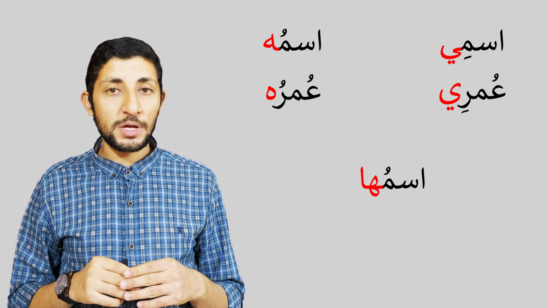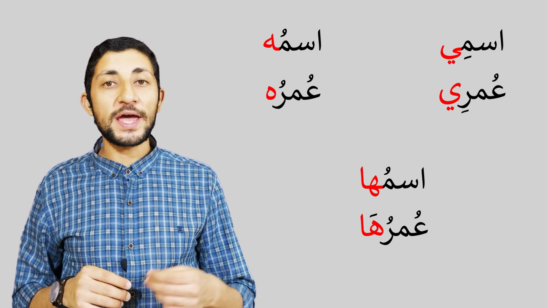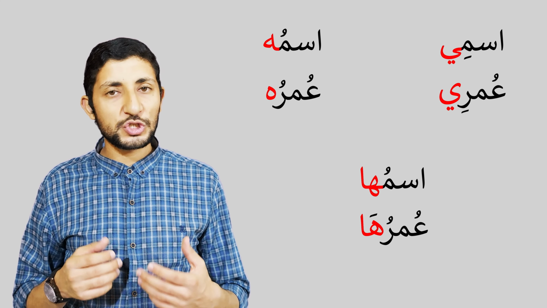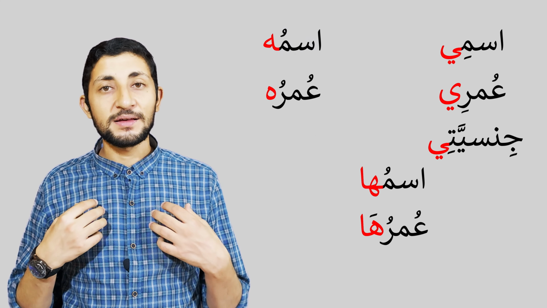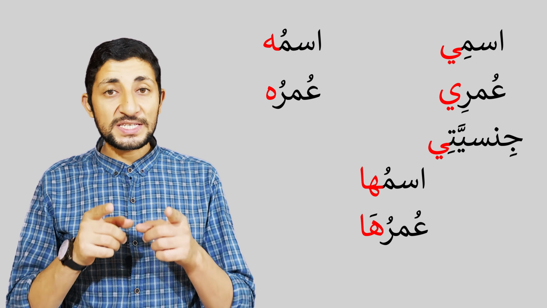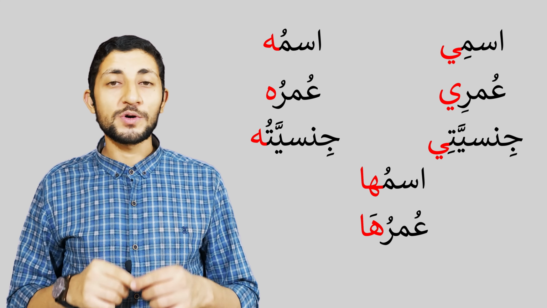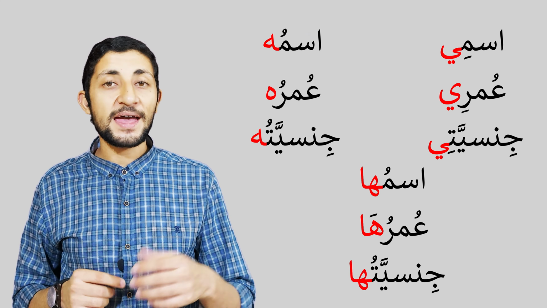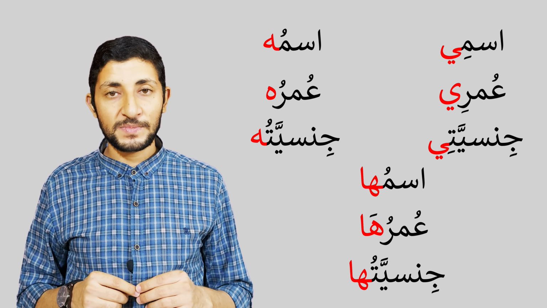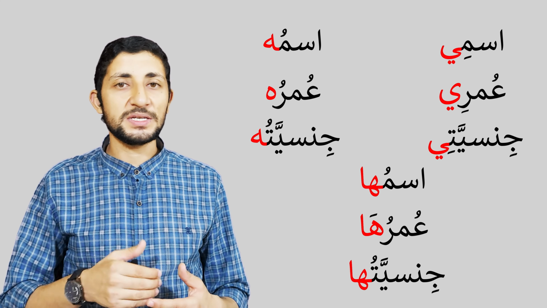His age. عمرها. Her age. Okay, جنسية. Nationality. جنسيتي. My nationality. جنسيته. His nationality. جنسيتها. Her nationality. And also the occupation and the city.